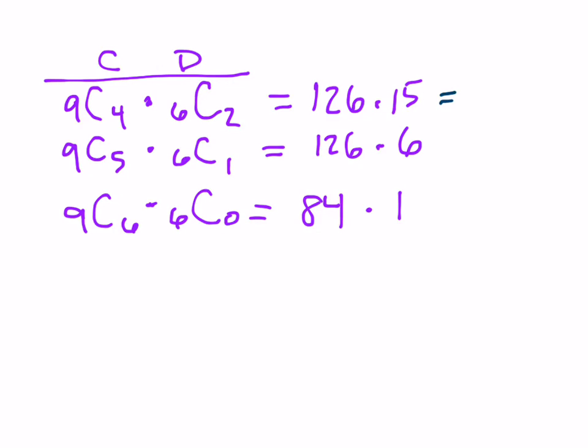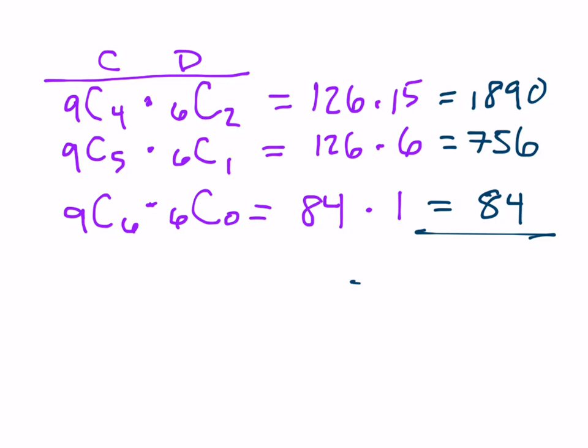And we end up with 1890 and 756 and 84. Okay, and then we just need to add these up. So we've got the 3 different cases, and we end up with 2,730 ways to make those choices.